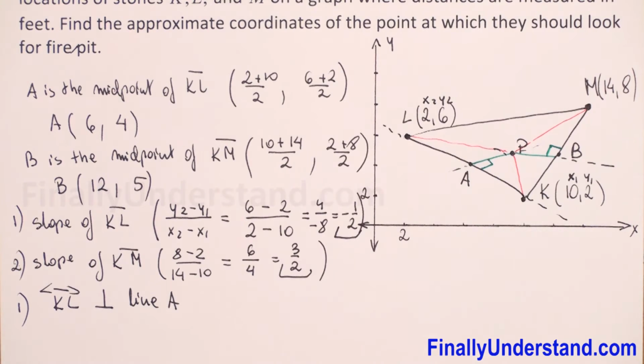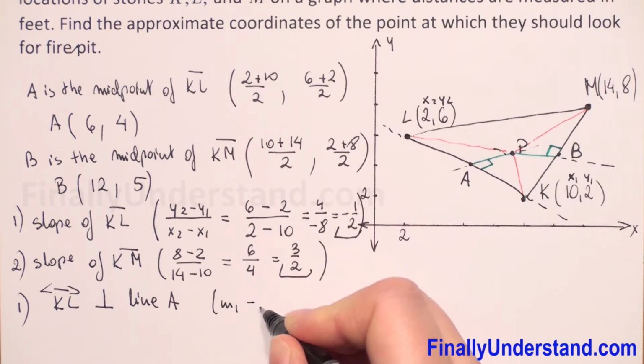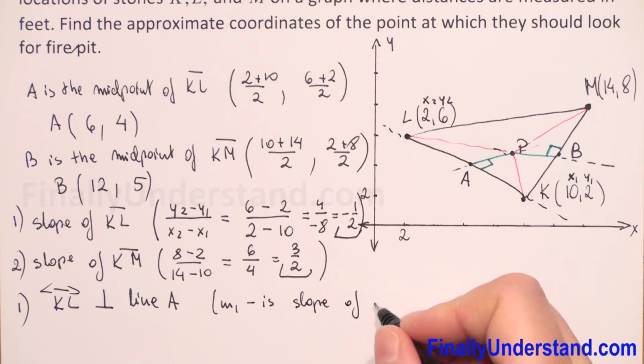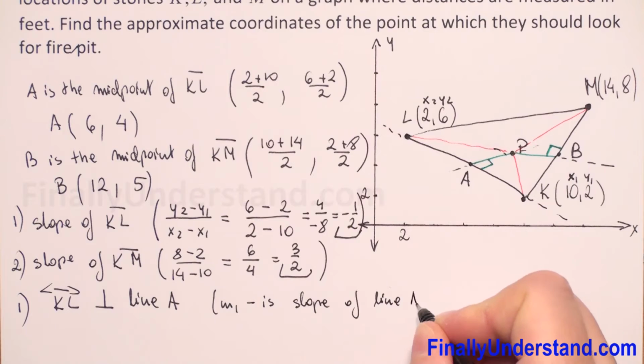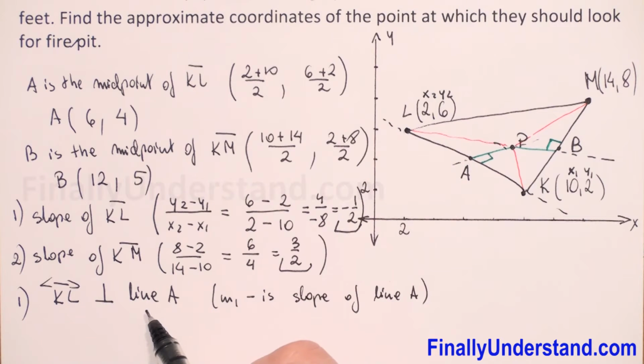So we have the slope of KL. Let's say the slope of line A is M1. So the product of the slopes of KL and line A must be -1.